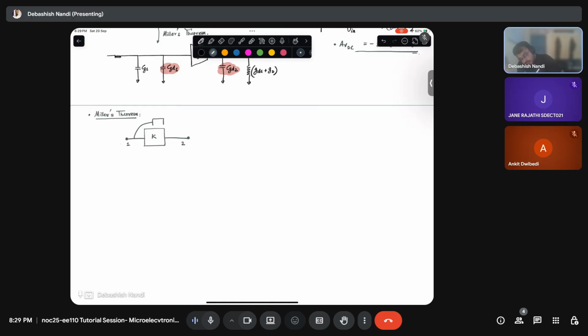If you have some impedance Z connected to it, it can be distributed as Z1 and Z2, and it remains between nodes 1 and 2.